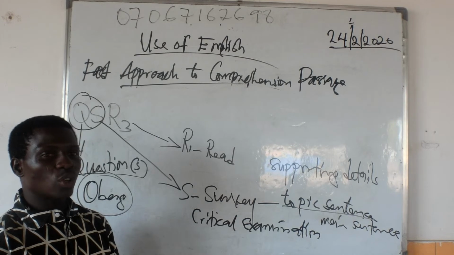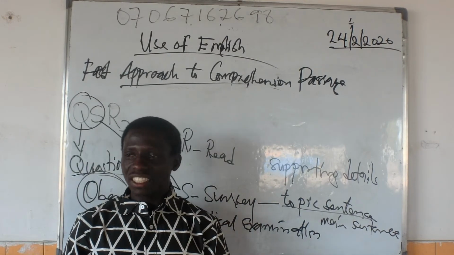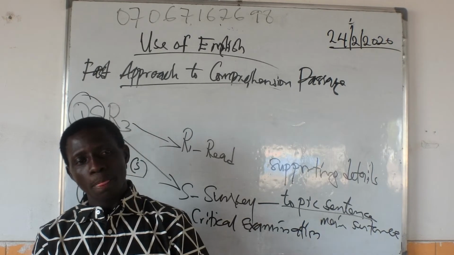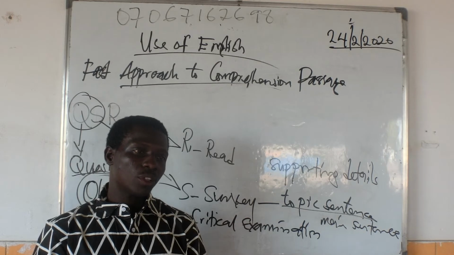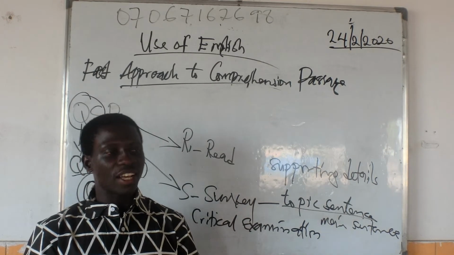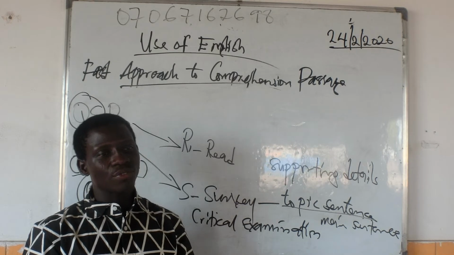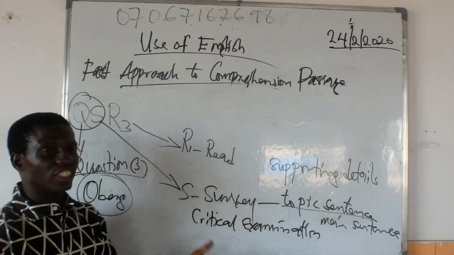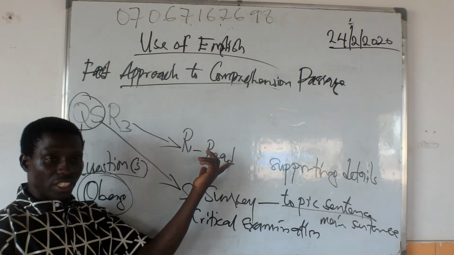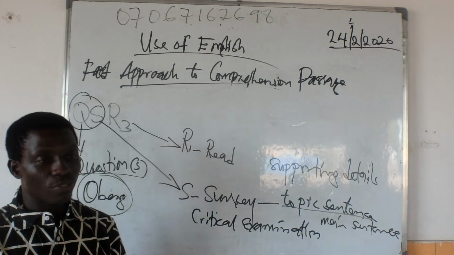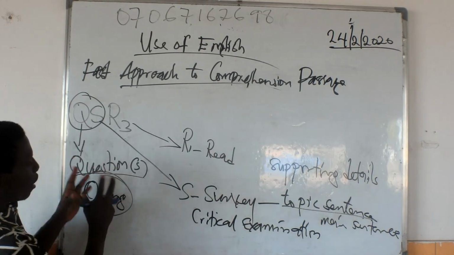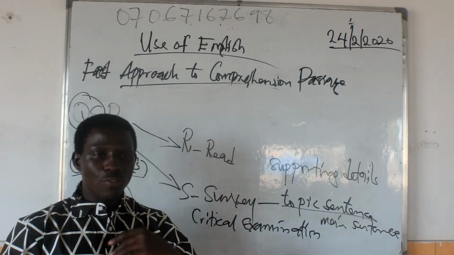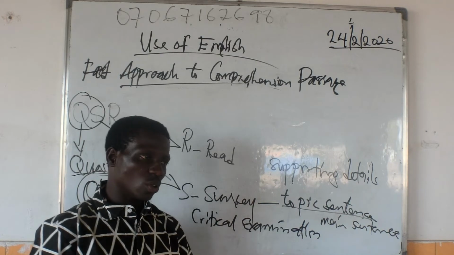But this idea of reading is for slow learners. In the teaching and learning process, we have 2 categories of learners: fast learners and slow learners, or extroverts and introverts. Those who fall within the category of slow learners can make use of this. But those who fall within the category of fast learners can only make use of the Q and S, and that settles the matter for that exam or preparation.